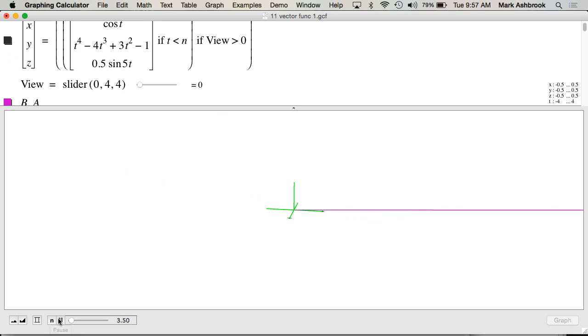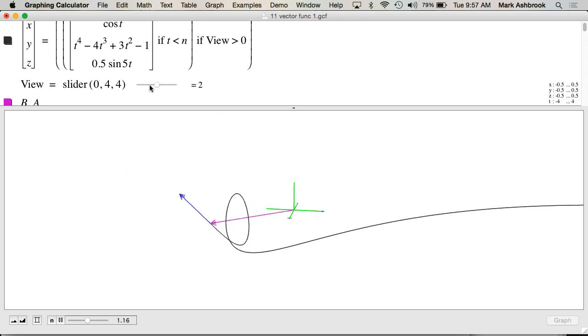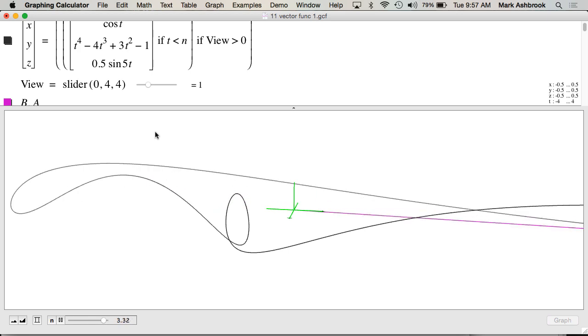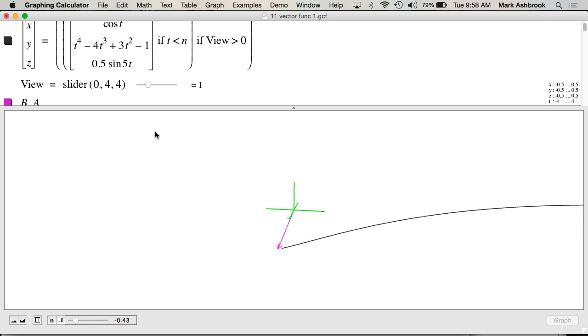And remember, if you put all those vectors as position vectors, then you sweep out a space curve. So here's that space curve swept out when you let t increase and all your vectors are position vectors.